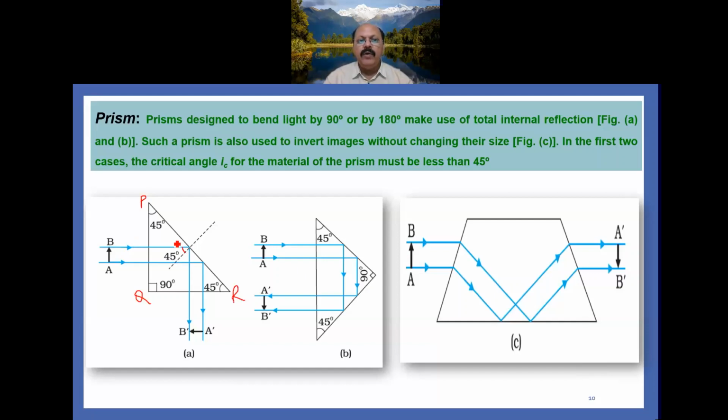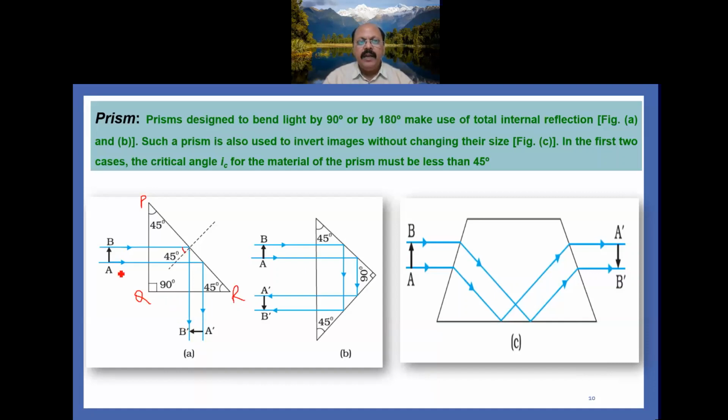Then it goes to total internal reflection, and the ray of light is incident onto the surface QR of the glass prism normally and passes straight. Then it makes the image of the object point B, which is B dash.